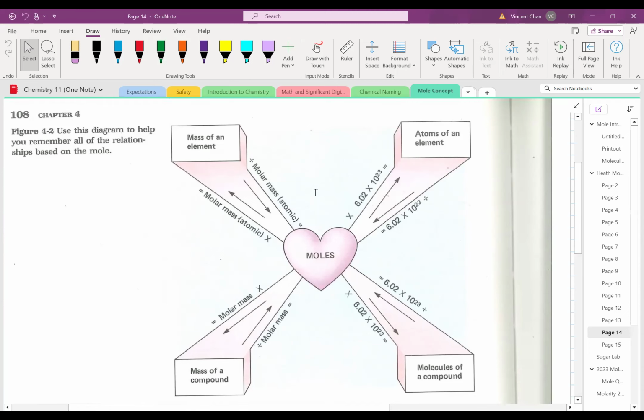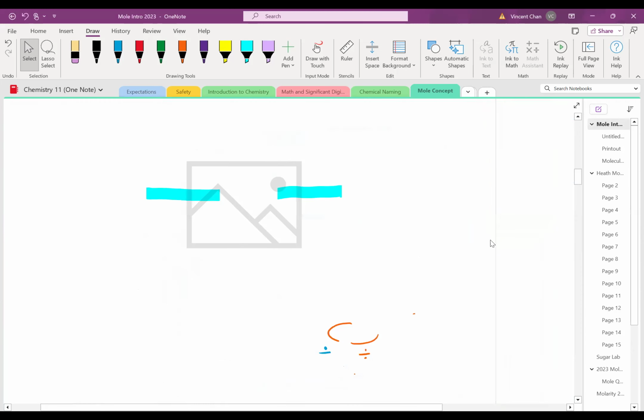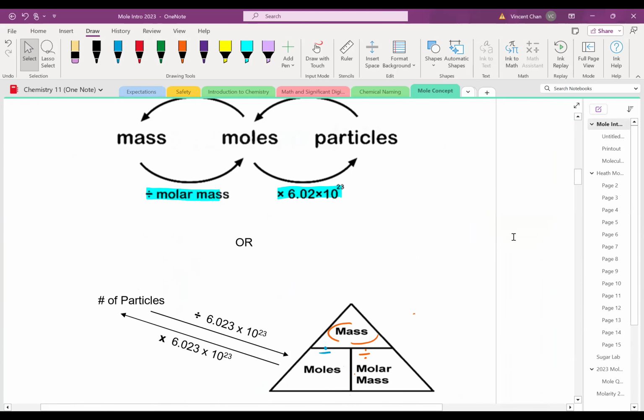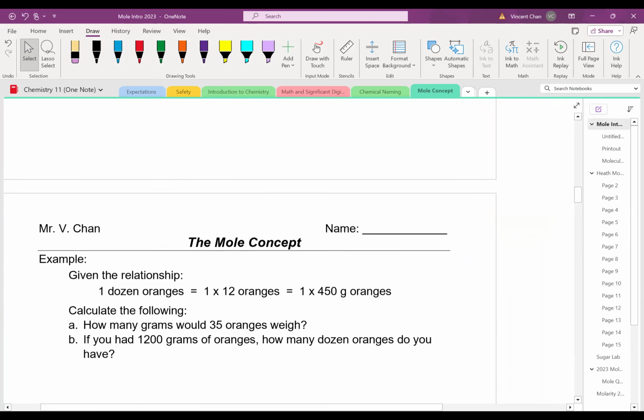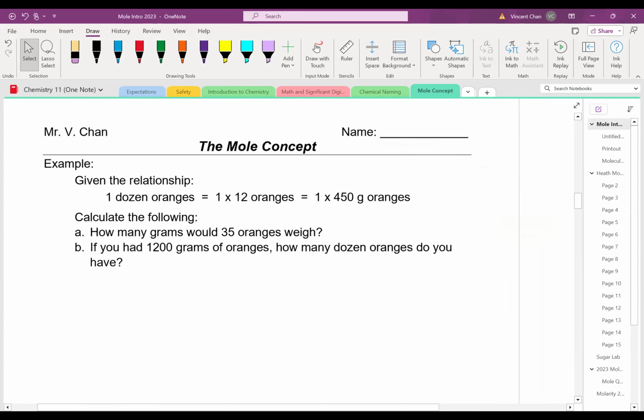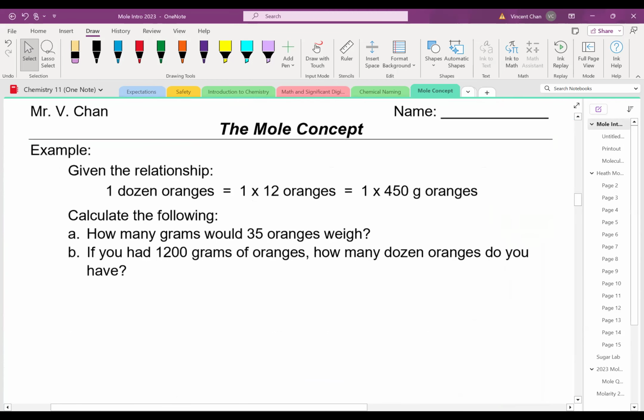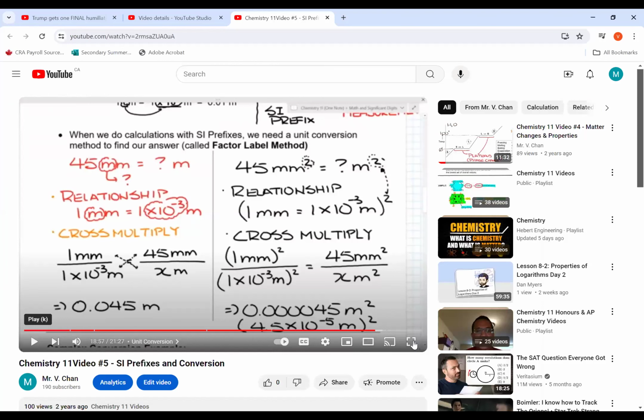You can use this as a starting point in your journey of the moles. Now, how I'm going to approach it is a little bit differently. When I give you the examples, I want to use a process that hopefully most of you are familiar with. If we go back to the introduction of SI prefixes and conversion, remember we had this cross multiplication.